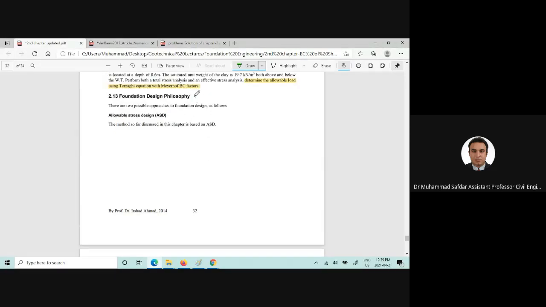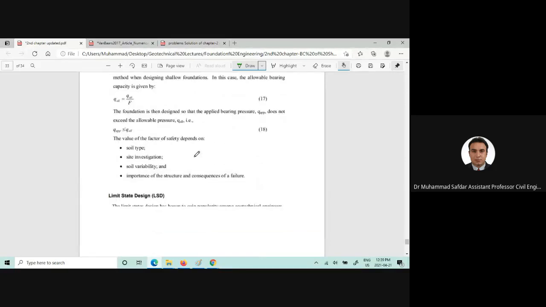Now there are two design philosophies: one is the allowable stress design philosophy, and the other is the ultimate limit state design philosophy, or limit state design philosophy. Chapter 2, which we discussed so far, covered Terzaghi's bearing capacity equation and also Meyerhof's bearing capacity equations for the ultimate bearing capacity, dividing it by the factor of safety to get the allowable bearing capacity.